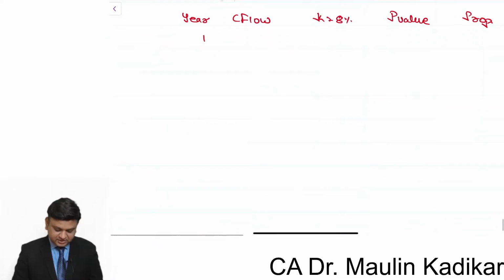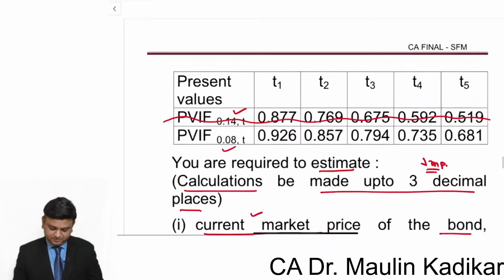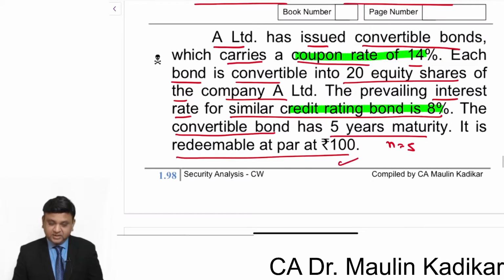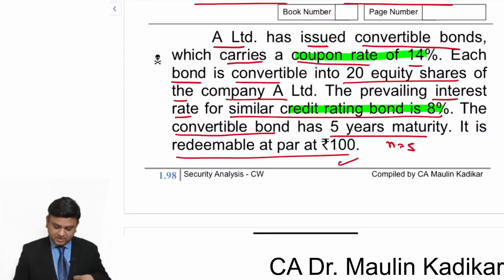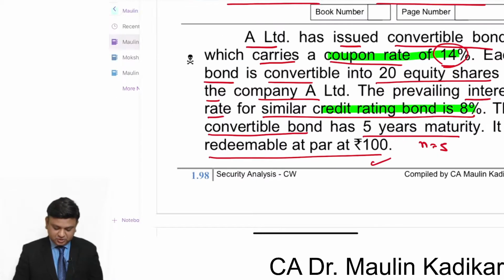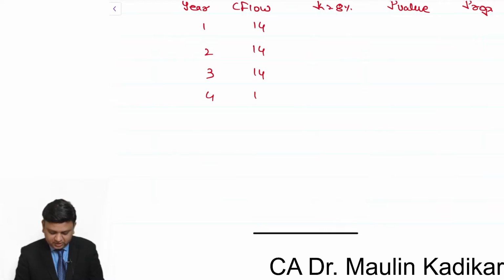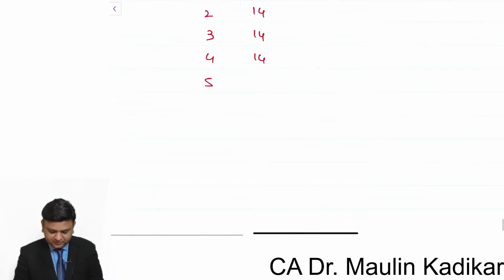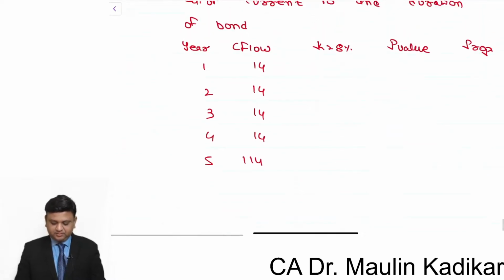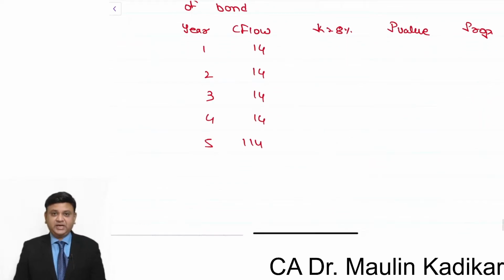As far as the first year is concerned, 100 is the face value. The coupon rate is 14%, so it comes to 14. Second year again 14, third year 14, fourth year 14, and fifth year it is 114, because the redemption value is the face value.